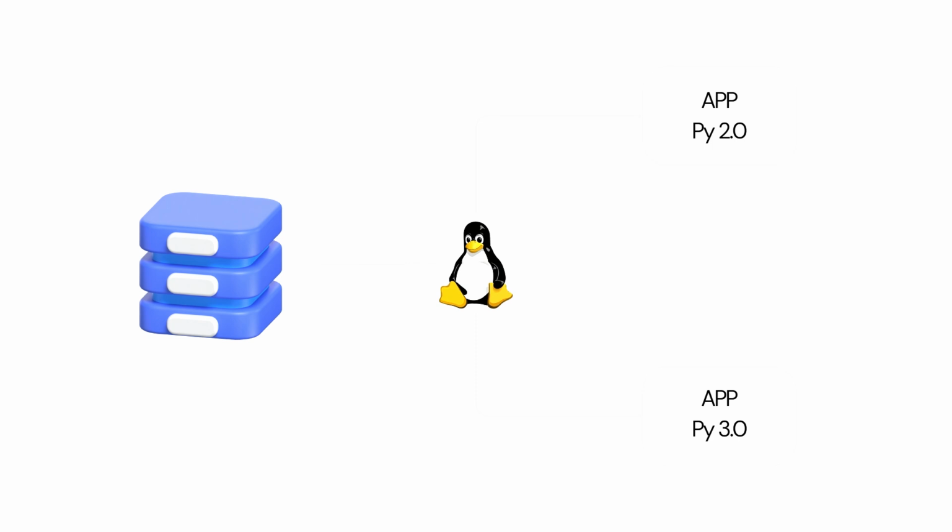I will come to that. So you have two applications, one on Python 2 and another on Python 3. Both are clashing because of the versions. On top of that, your first application is using only 5 GB of storage, and the second application is using 5 GB.